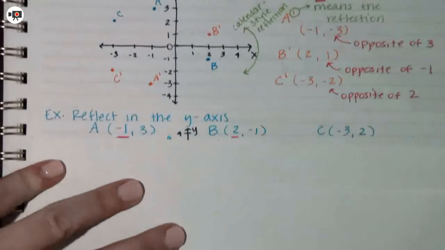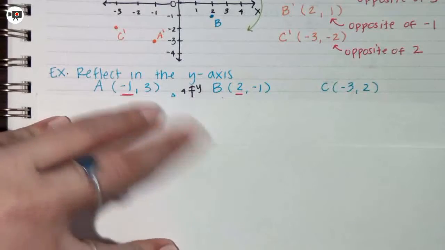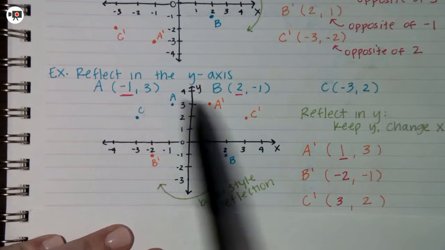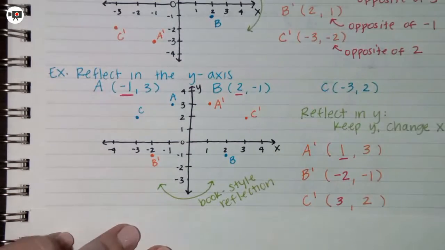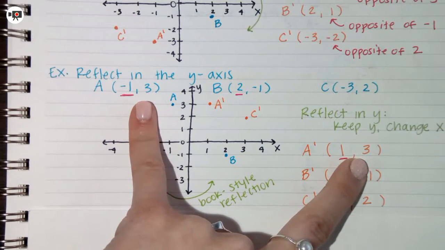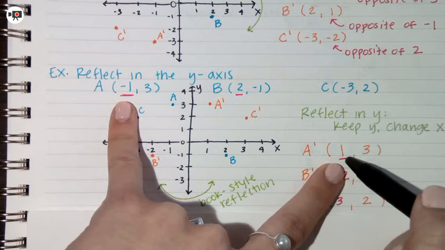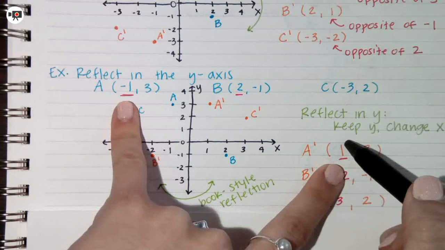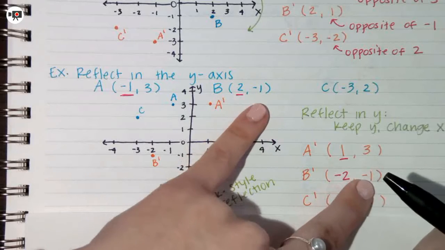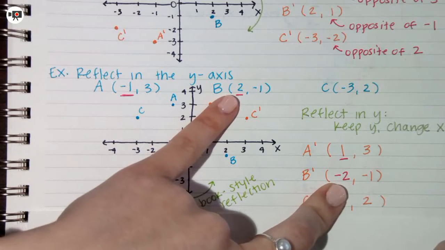Now for reflecting in the y-axis, I have the same points, I'm just reflecting them a different way. Reflecting in the y means keep the y. So 3 stays the same. Then -1, I do the opposite, so I have +1. B prime is -1, the y stays the same, and x changes to -2.